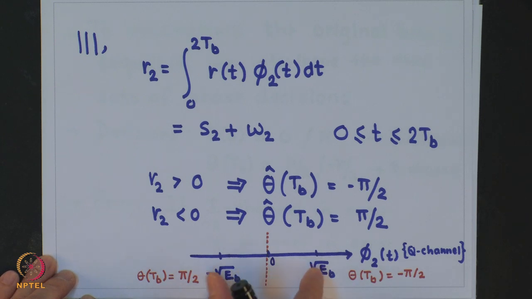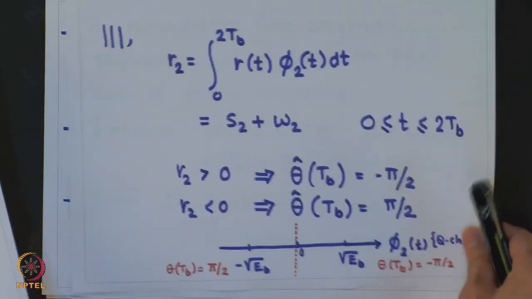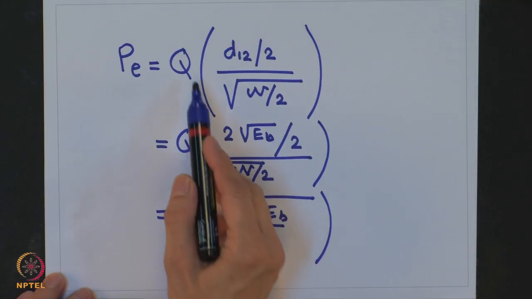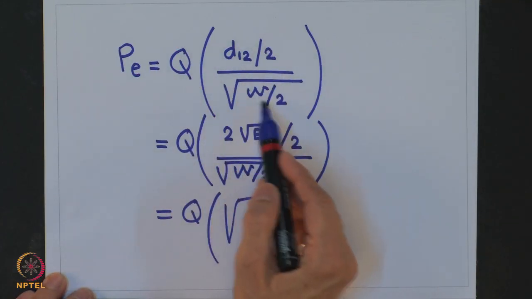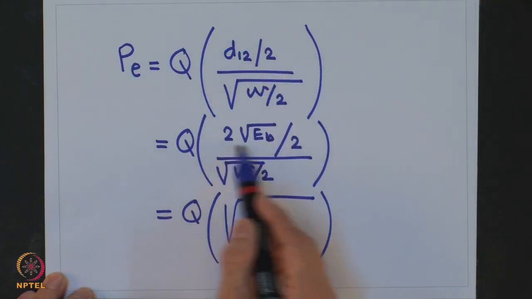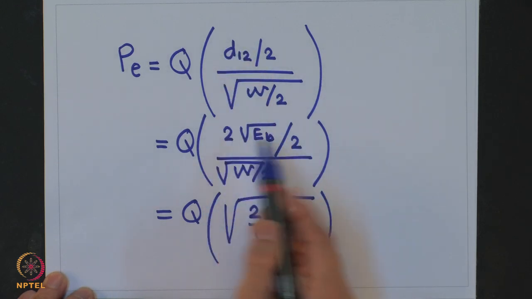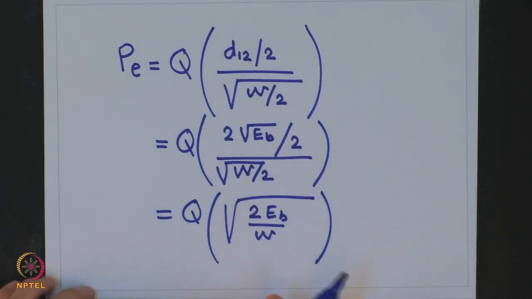that will be given by the Q function, and the argument of that would be the distance between these two points divided by 2, and the whole expression is divided by root of N0 by 2. In this case the distance is 2 root Eb. If we take that, we immediately get this probability of error calculation, d12 by 2 root N0 by 2, where d12 is this distance, and then we get this.